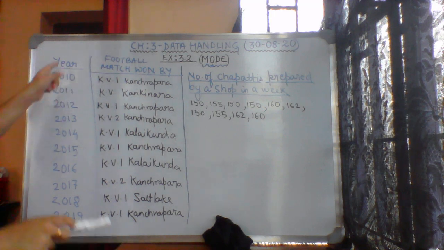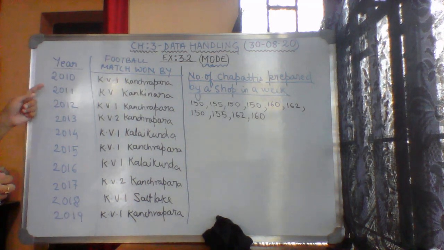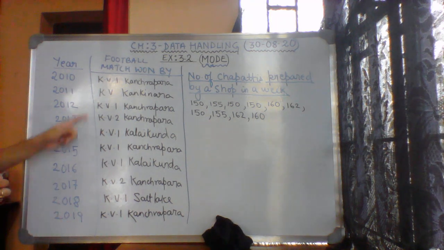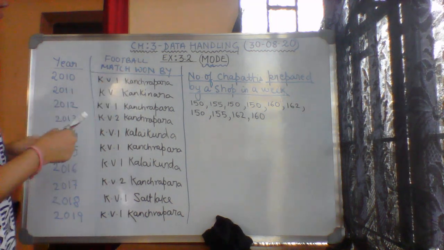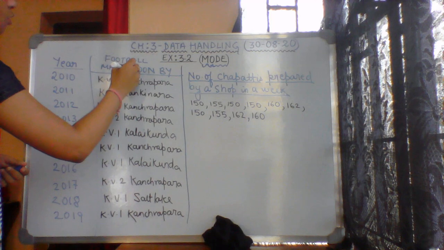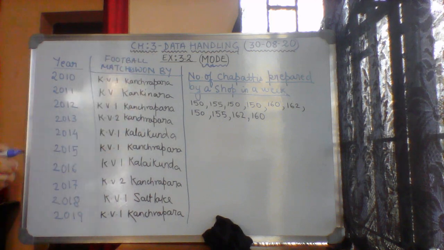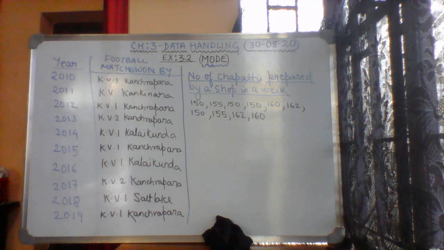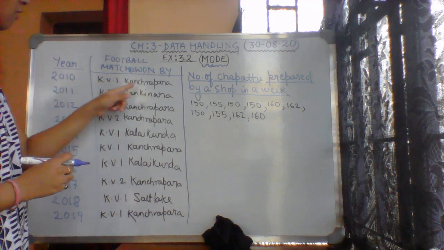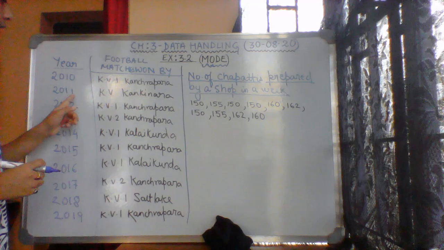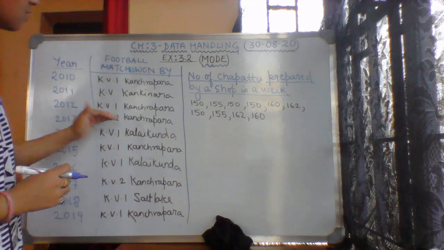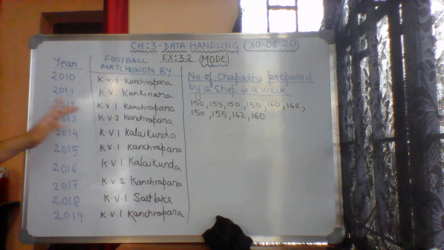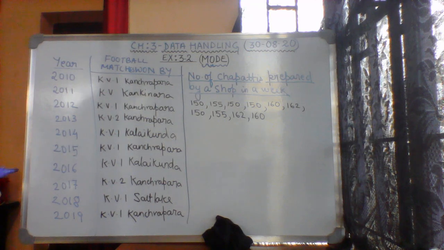Here I have taken the years 2010 to 2019 and the football matches won by different schools. You can see 2010 KV1 Kachrapara, 2011 KV Kakinada. In this way I have mentioned different schools.